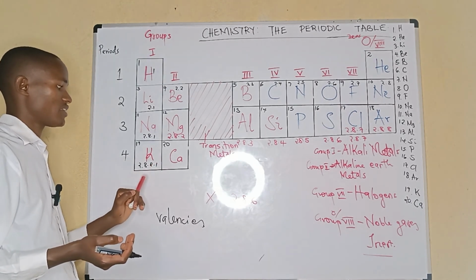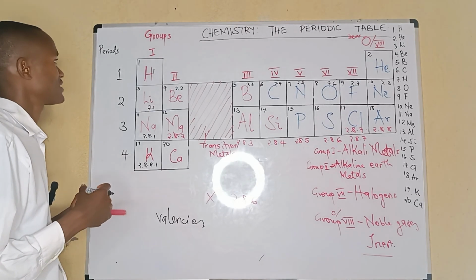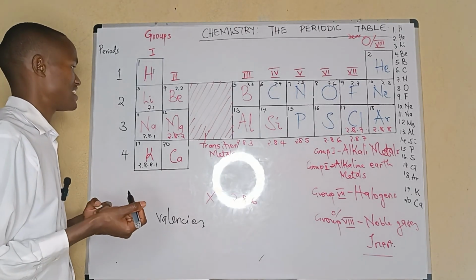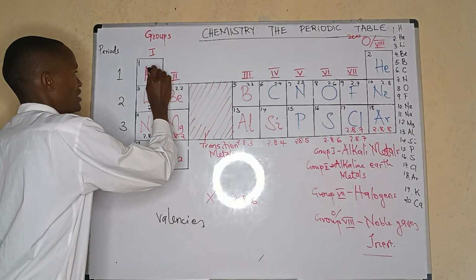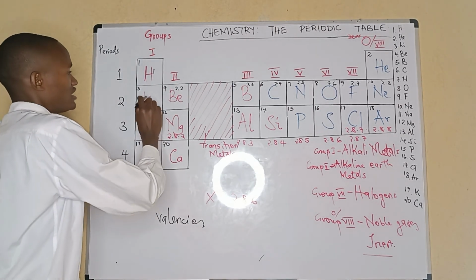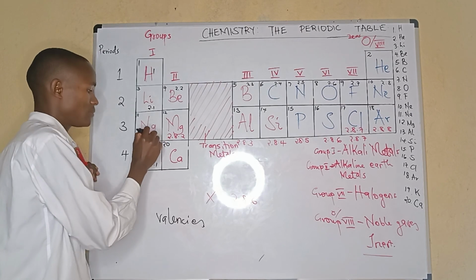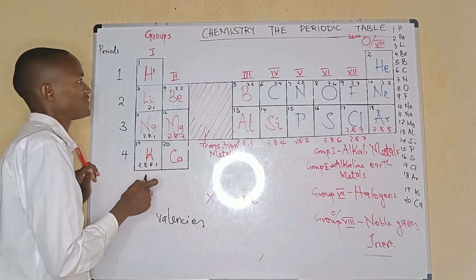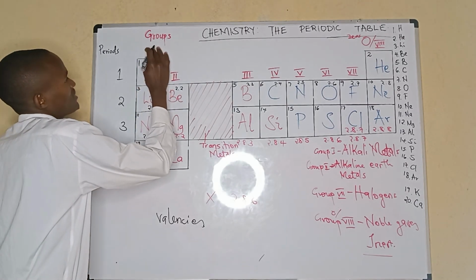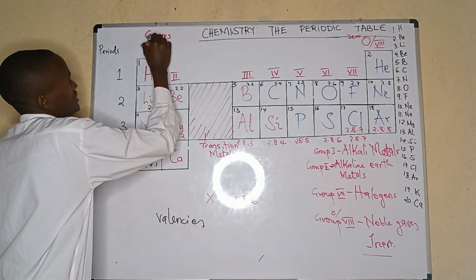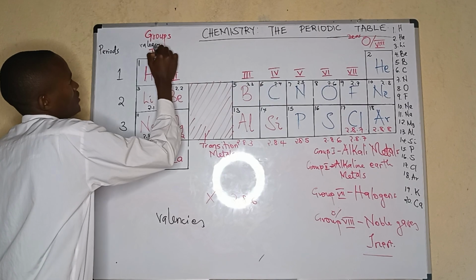So the number of electrons that they have to lose shows the valency. Hydrogen can lose 1 electron to be stable. Lithium can lose 1, the same case for sodium and potassium. And therefore, group 1 elements are of valency 1.